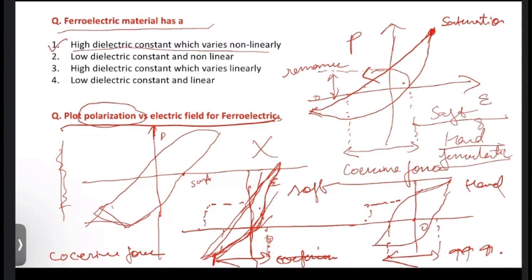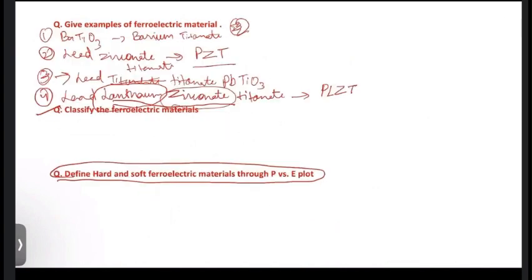Now, next question. Classification of ferroelectric material. We can classify the ferroelectric material on the basis of various properties, so we will see one by one, and I will tell you the examples side by side.